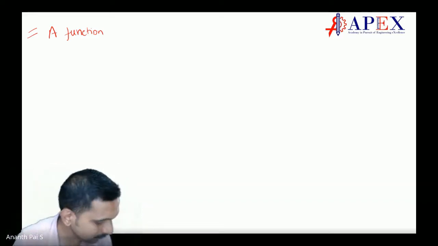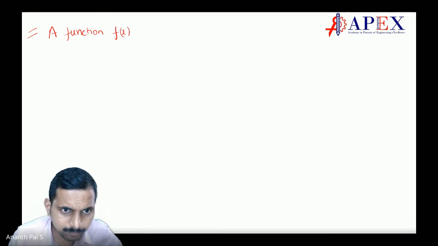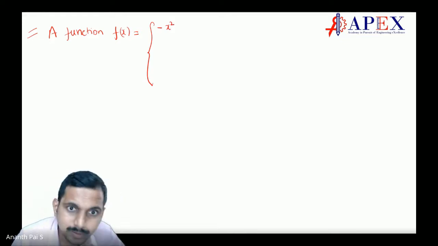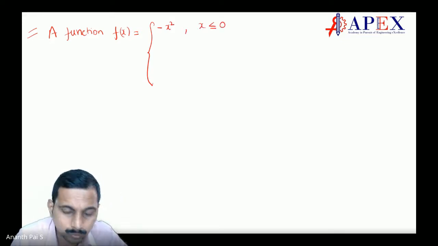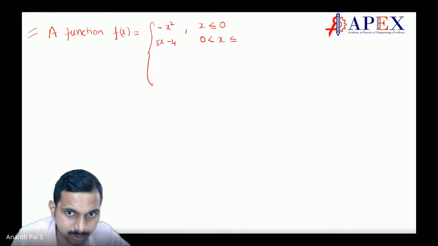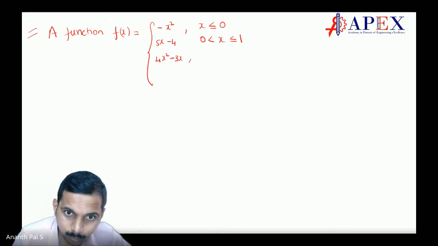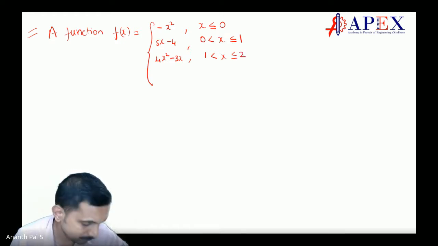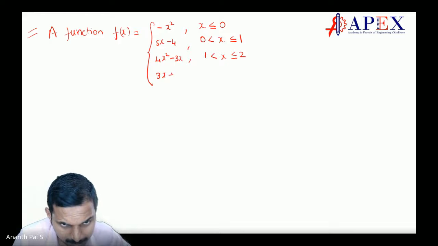The function f of x is equal to minus x square when x is less than or equal to 0; 5x minus 4 when 0 is less than x is less than or equal to 1; 4x square minus 3x for 1 less than x less than or equal to 2; 3x plus 4 for x greater than 2.